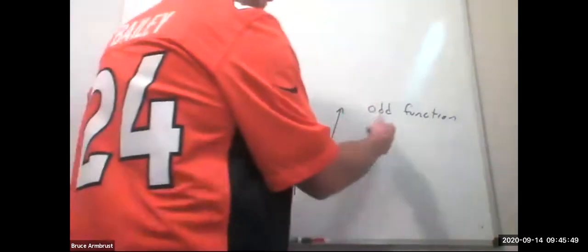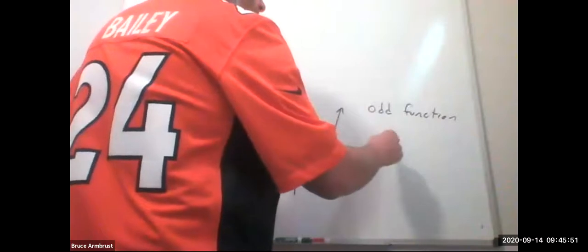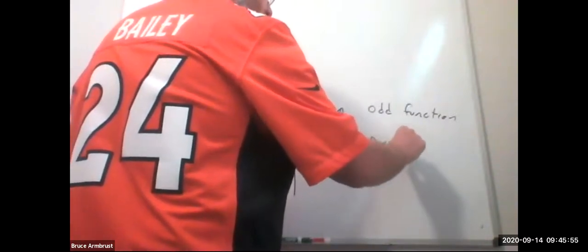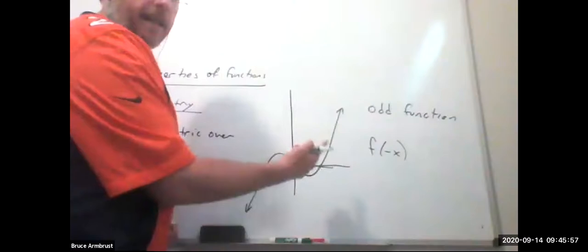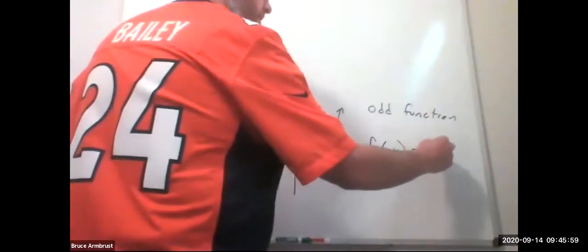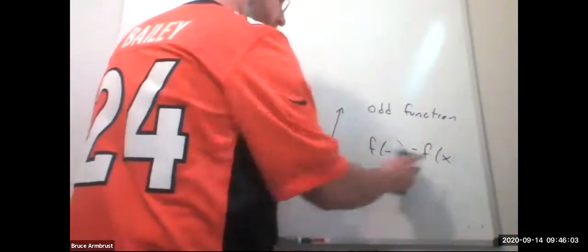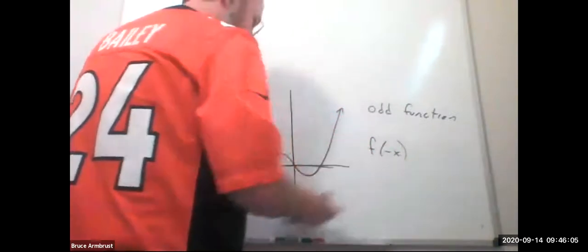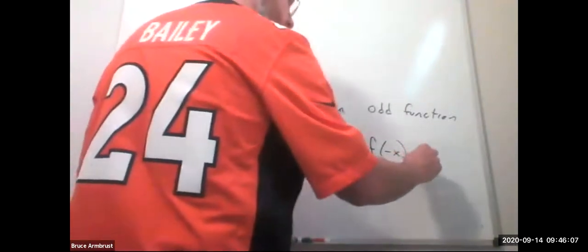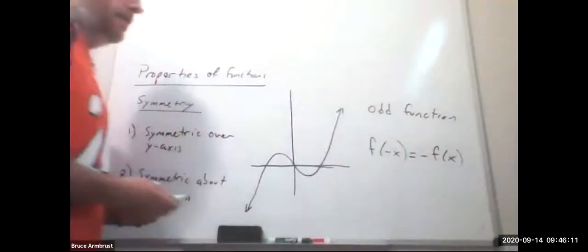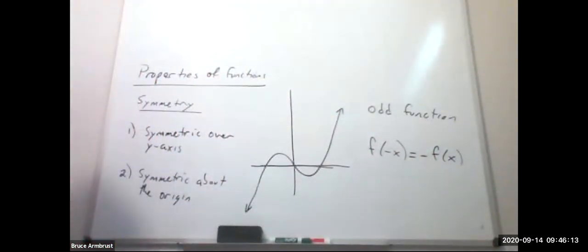All right, so the way that we check this is similar. We're still going to plug in a negative x. But now instead of getting the same thing that we started with, we get the opposite of it. We get the negative.